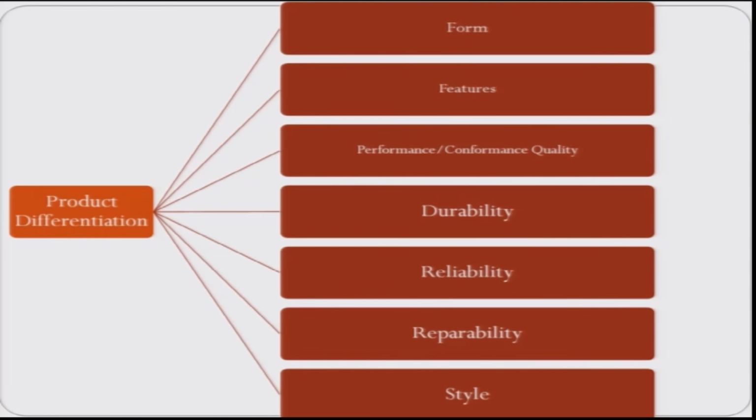A product can be differentiated on its performance quality or conformance quality. Conformance quality is how well each and every unit that comes to the market conforms to the quality specification. And then you can also differentiate a product based on its durability, reliability, repairability, and style.